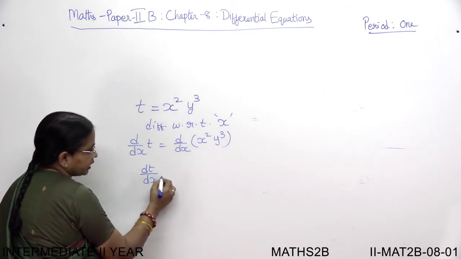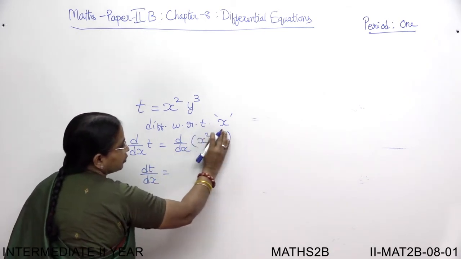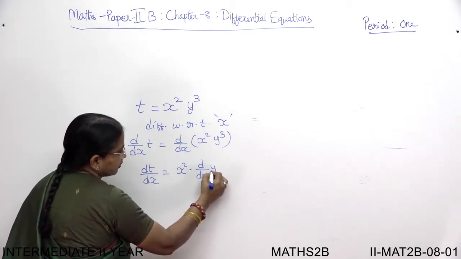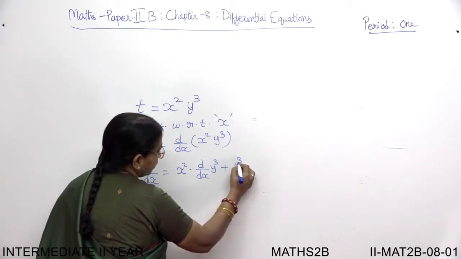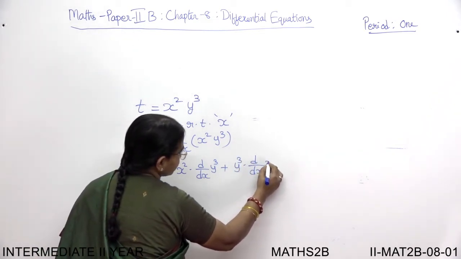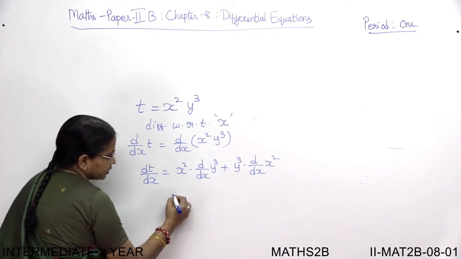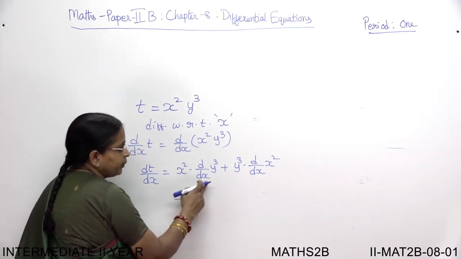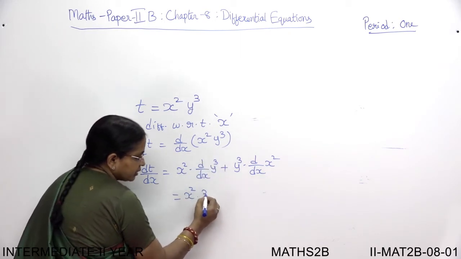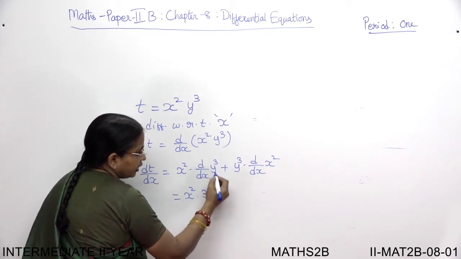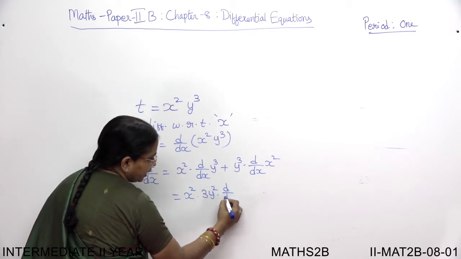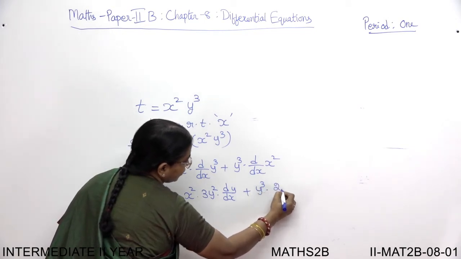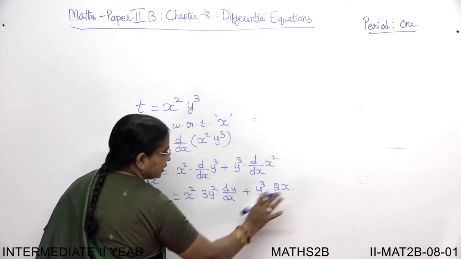So dt by dx is equal to, it is in the form uv. So first function into the derivative of second function plus second function into the derivative of first function. So like this you will write. It is equal to x square into the derivative of y cube with respect to x, which is 3y square into d by dx of y, plus y cube into the derivative of x square, 2x into d by dx of x, that is 1.